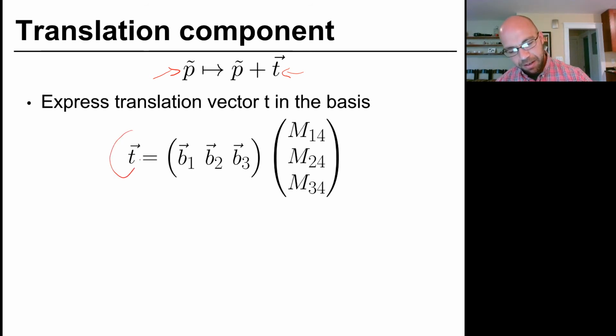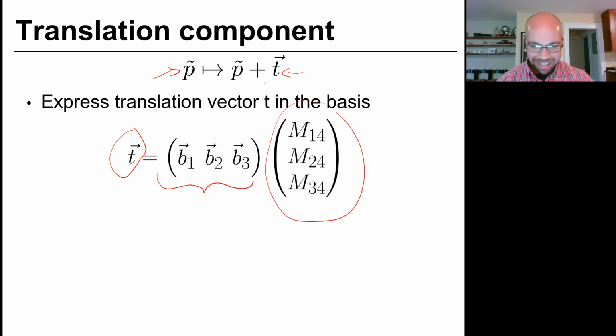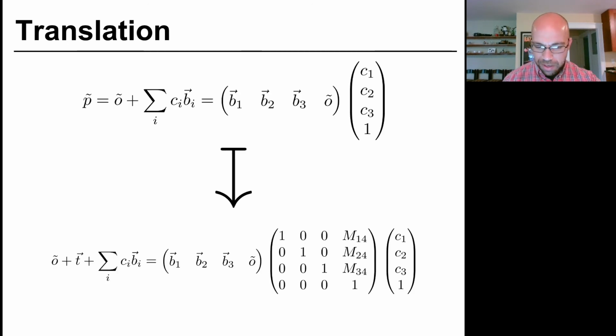So in particular, I'm going to take my translation vector t and write it in the B basis. And if I do that, maybe I'll use this suggestive notation with the 4s sitting on the end. And one thing that you can do is say, let's say that I want the linear map which takes P and gives me back this point, which is P plus T.